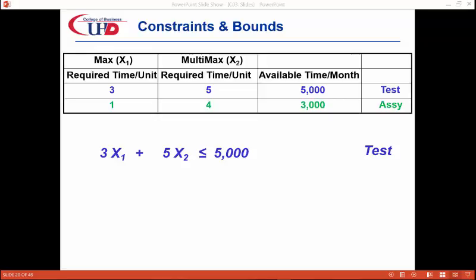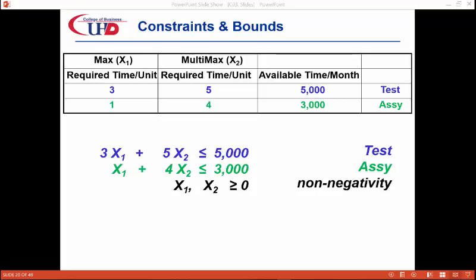The total usage cannot be larger than 5,000 hours in each month. Similarly, for assembly, Max uses x1 hours in total and Multi-Max 4 x2 hours. The total usage cannot be larger than 3,000 hours in each month. These 2 are resource-driven constraints.